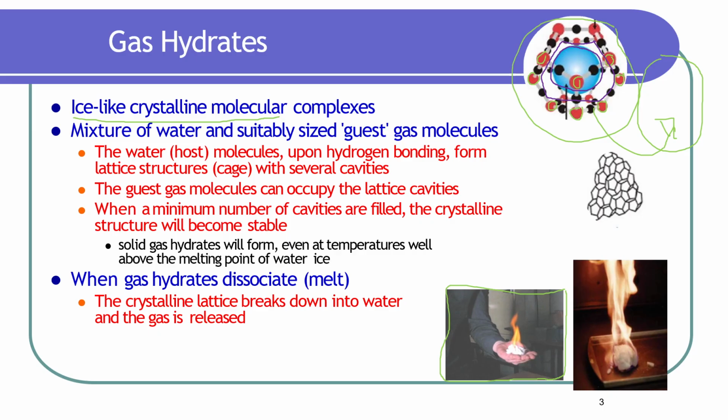So when a minimum number of cavities are filled with a certain gas molecule, this means that you reach a state where the gas hydrate is really stable, which means that it cannot dissociate easily. You need to provide energy, thermal energy specifically, in order to dissociate the gas hydrate and release the gas.